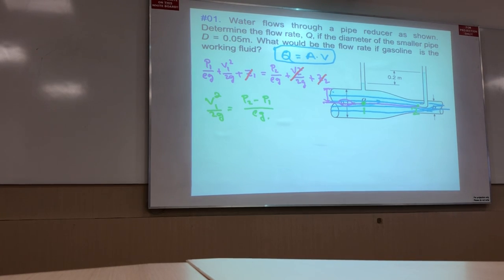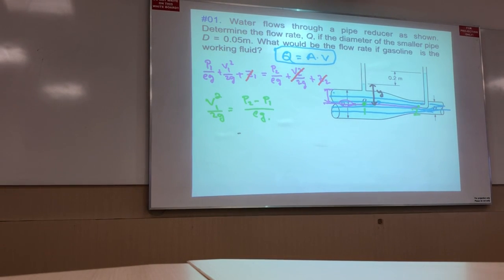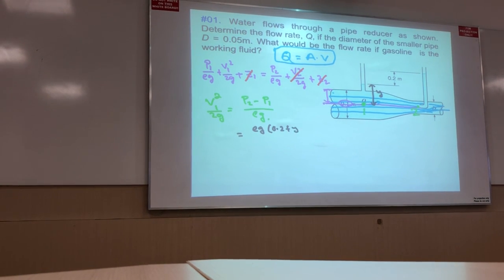So now, what is P2? Tell me, what is the value of P2? I assume the distance from this line to this line is y. I can write any number. No problem. Then what is P2? Tell me. Rho g times 0.2 plus y. Am I right? What is P1?